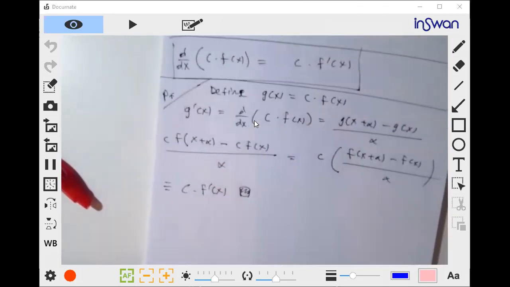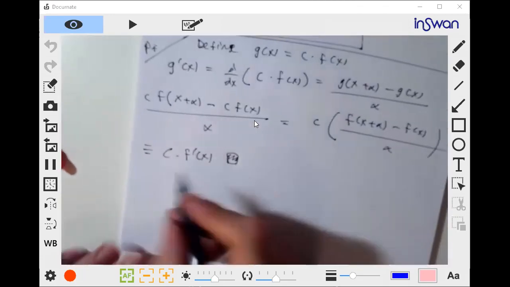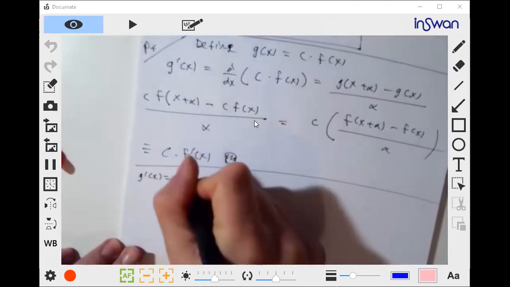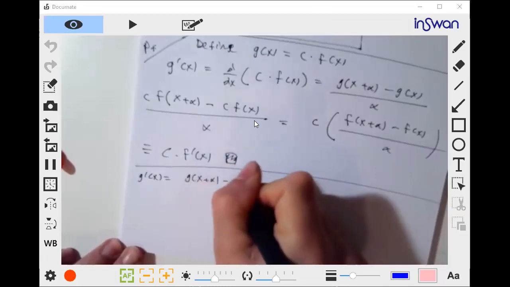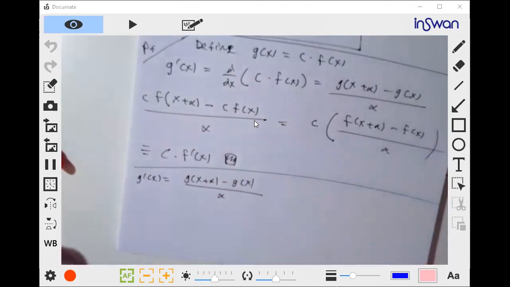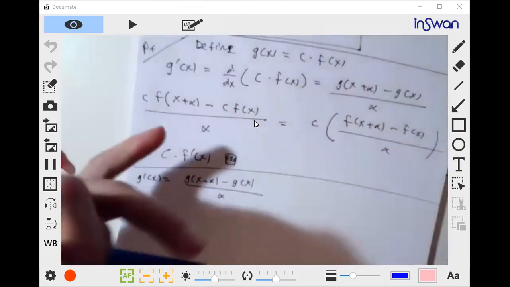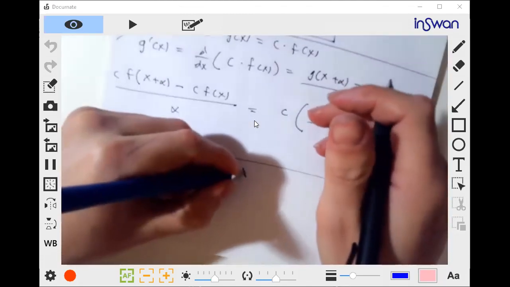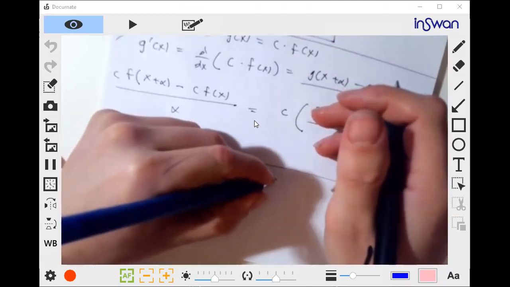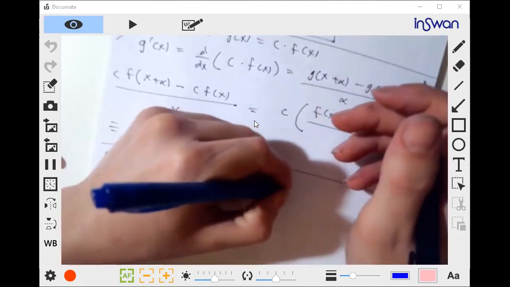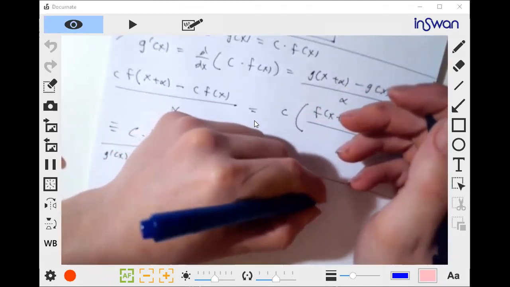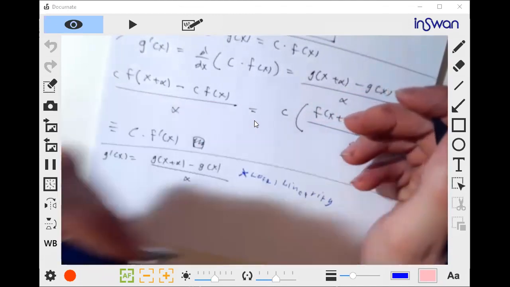Another way to see this is to use local linearity. Another way to see it is to say, well, g prime of x is equal to g of x plus alpha minus g of x all over alpha. And recall local linearity. What does it say?